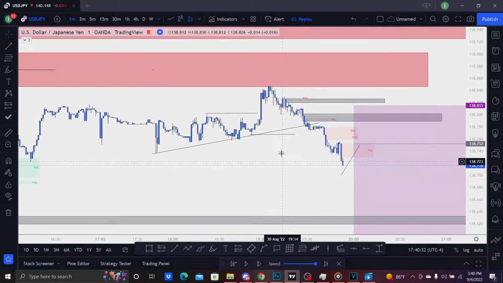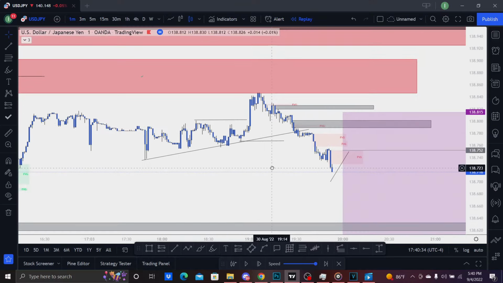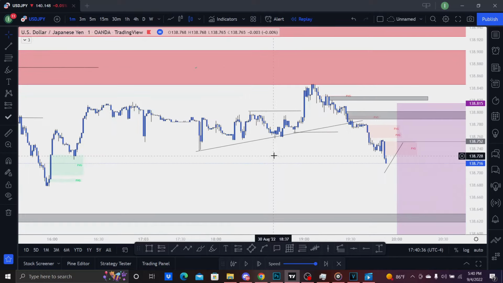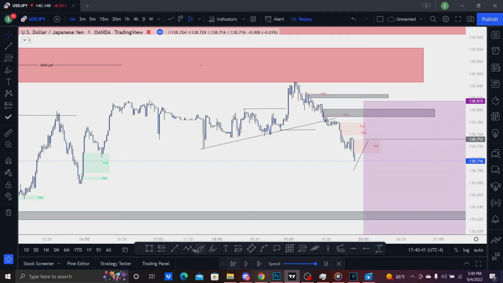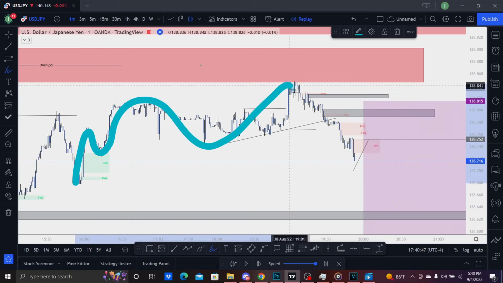Once we're on the 1-minute time frame, we want to mark out our swing highs and swing lows, and just mark it here so you can see swing highs, swing lows. We really want to see a break of this low right here for price to clear this sort of trendline liquidity, whatever you want to call it.